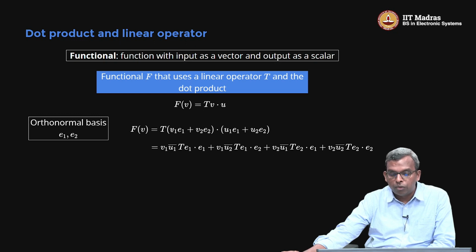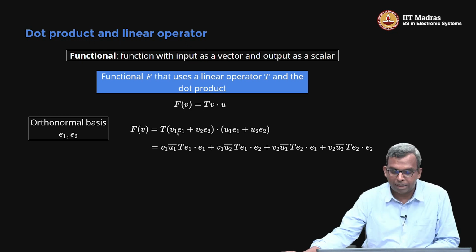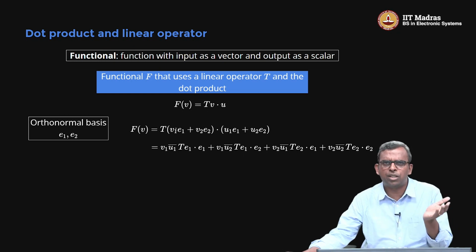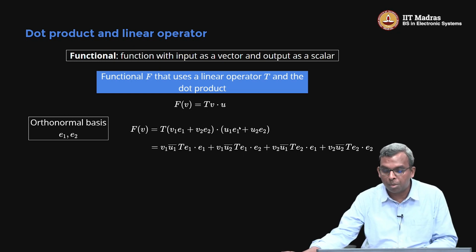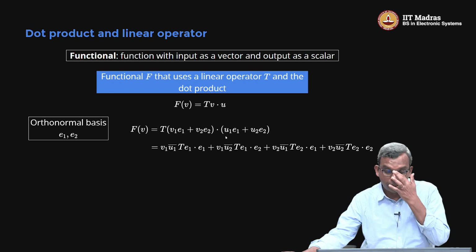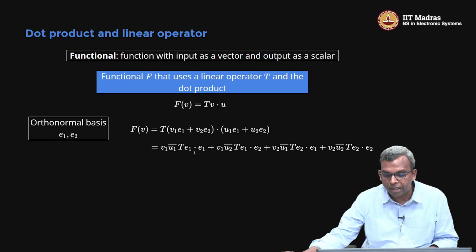So you see v1 t e1 dot with e1, but this u1 which multiplies the second argument comes out as a conjugate. So you got v1 u1 bar. Basically, I'm going to simplify this dot product. We have a linear combination in the first argument, we have a linear combination in the second argument. So we can use linearity in the first argument and in the second argument, but remember the second argument has conjugate linearity. Any scalar multiplying it will become conjugate.